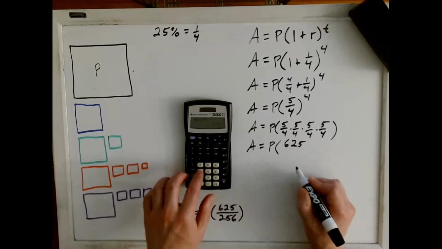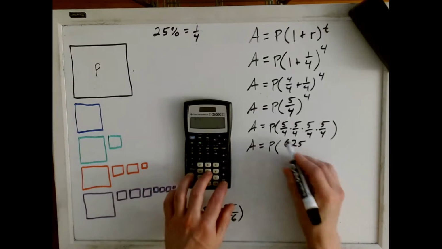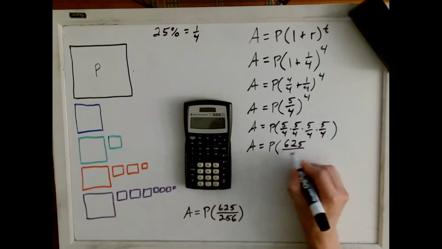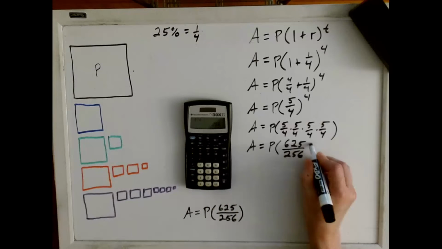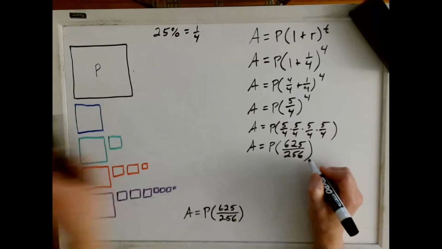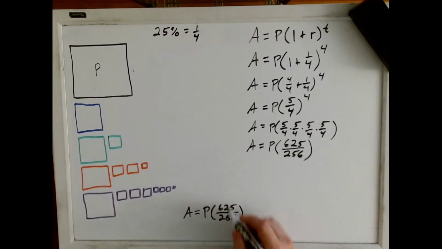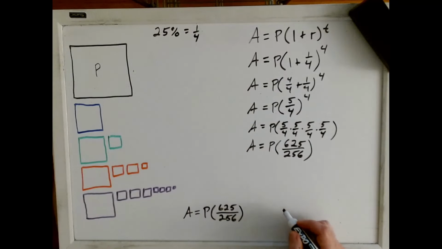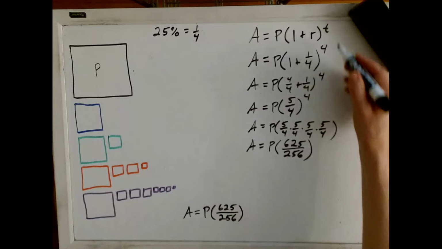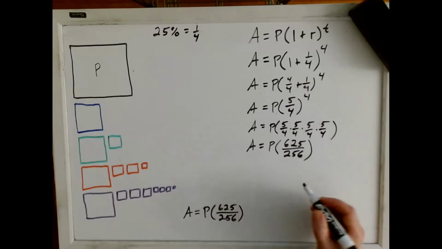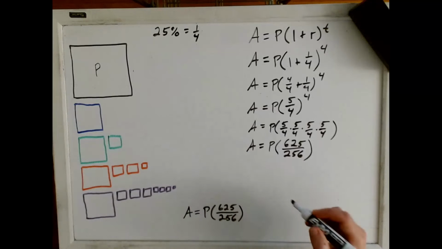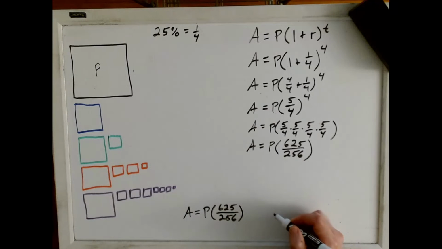And then 4 to the 4th power, which is four 4s multiplied together, is 256. So 625 over 256. All of that long addition that we did is simply the longhand form of this formula. This formula is simply a shortcut for doing all of that addition longhand.